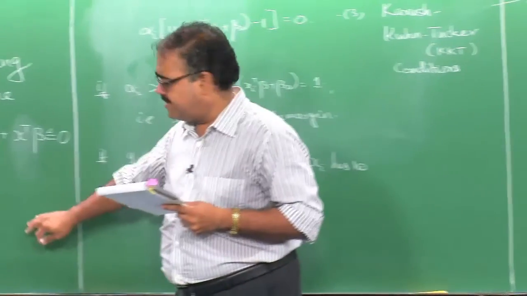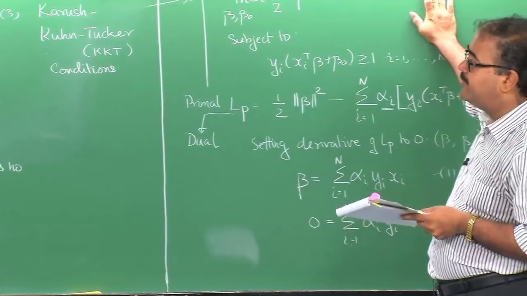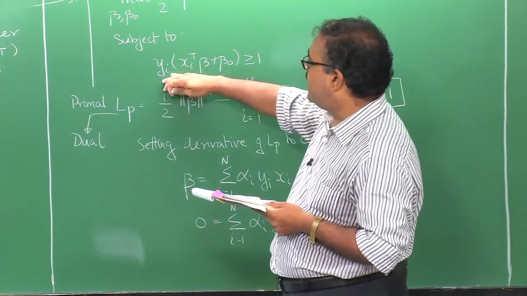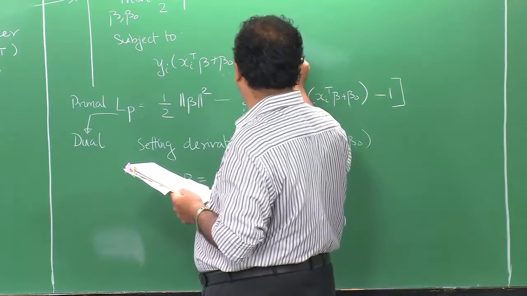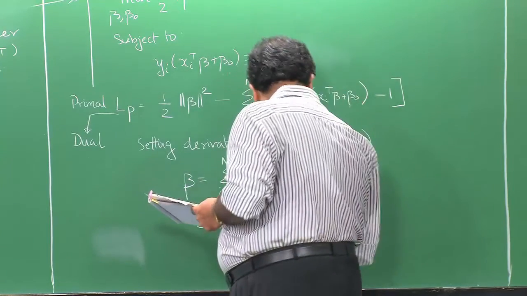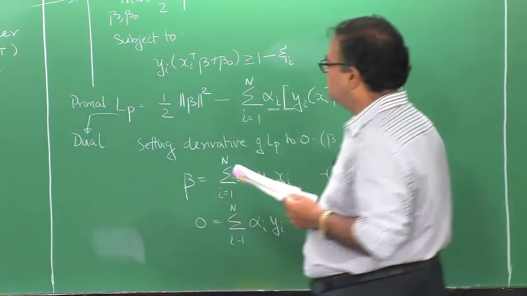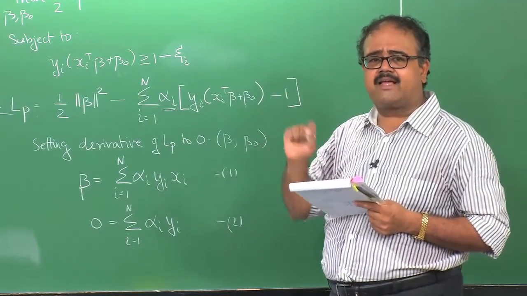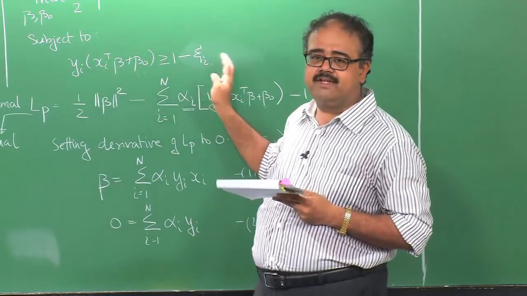We still have our same constraints here, but going back to our optimization problem, I am going to modify my constraints such that yi times xi transpose beta plus beta naught is greater than or equal to one minus zeta i, where zeta i is a slack variable that allows me to satisfy this constraint with some error in it.